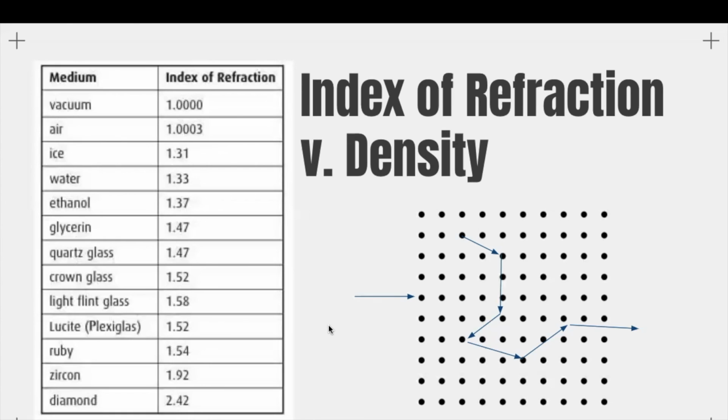If you look at this index of refraction chart, notice that vacuum and air have very low indices. But rubies, zircon, which is cubic zirconia, a fake diamond, and real diamonds all have really high density and high index. Think of it as when your density is high, there are more particles for the light to interact with, so it slows down.